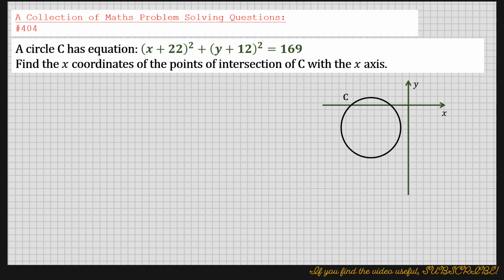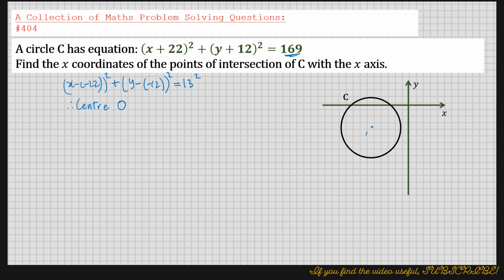So we start by writing the equation of the circle so that we have the center and the radius. We can write (x + 22)² + (y + 12)² = 13², because 169 is 13².